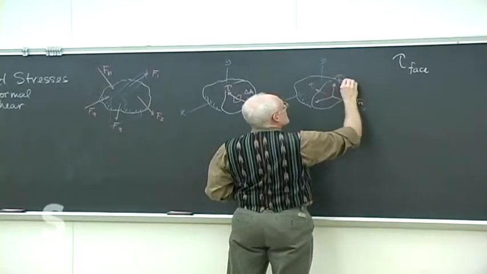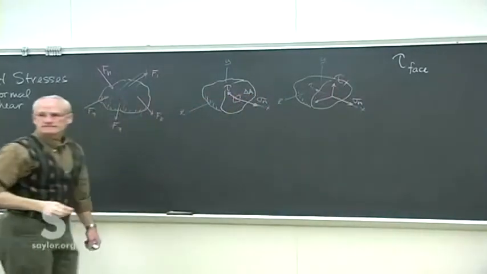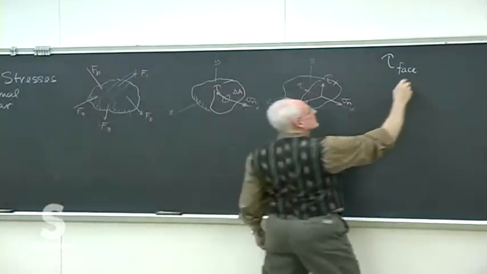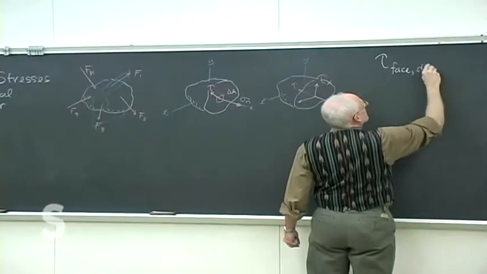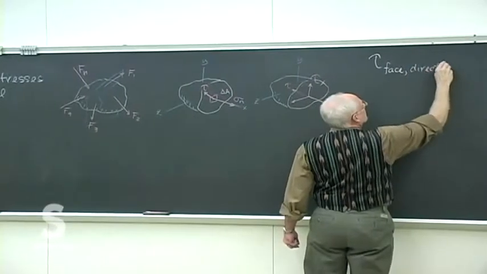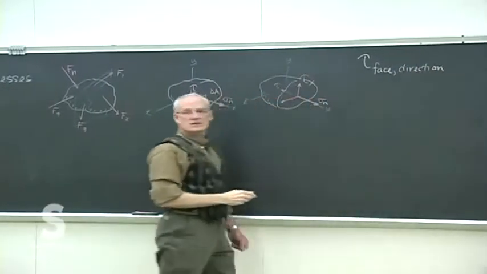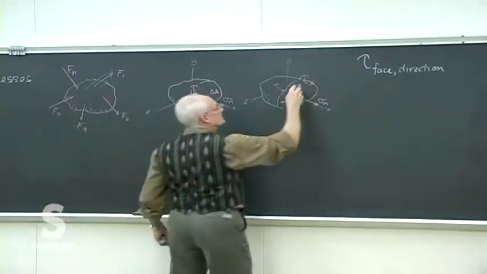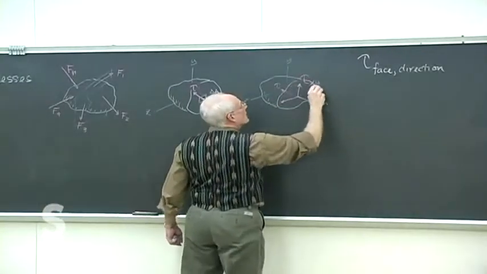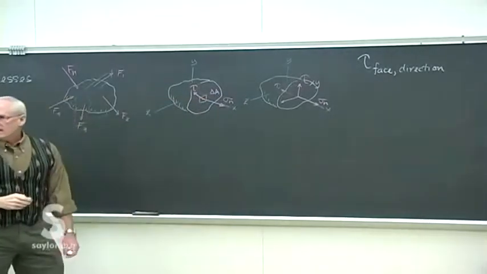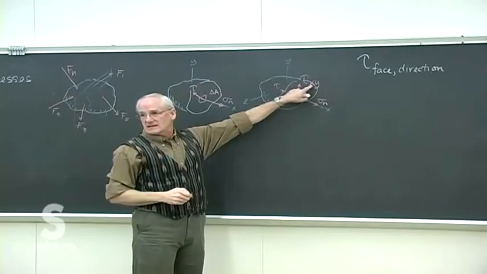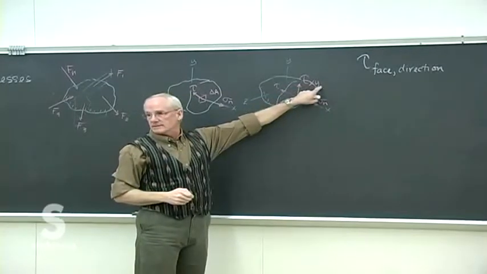So this is tau sub x. And then the second letter in the subscript is the coordinate direction that the shear component lies in. So this would be a tau xy shear: a shear stress on an x face in the y direction.